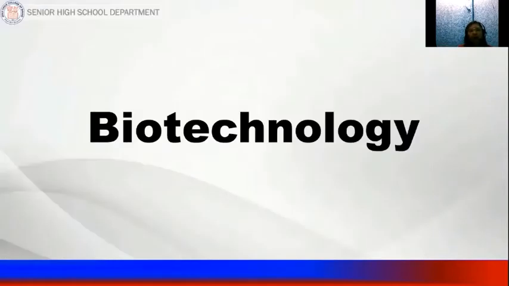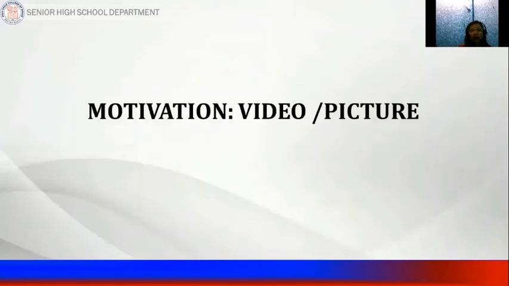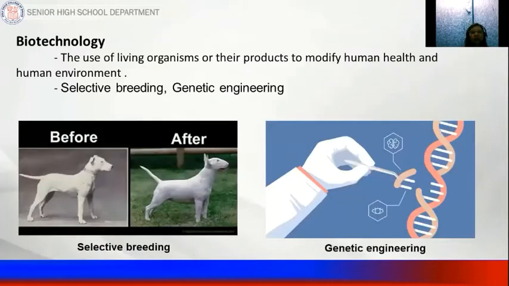So we also have biotechnology. When you say biotechnology, these are the use of living organisms or their products to modify human health and the human environment. So we have selective breeding or genetic engineering. So if you see in the news that they get DNA from specific species, for example, certain breeds of animals, and then breed it with other animals, then they're not using biotechnology.